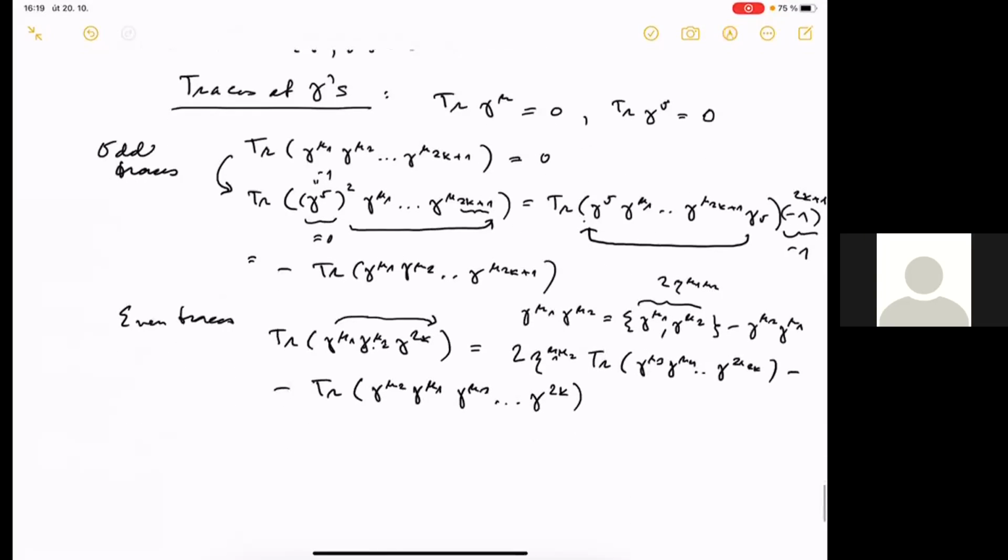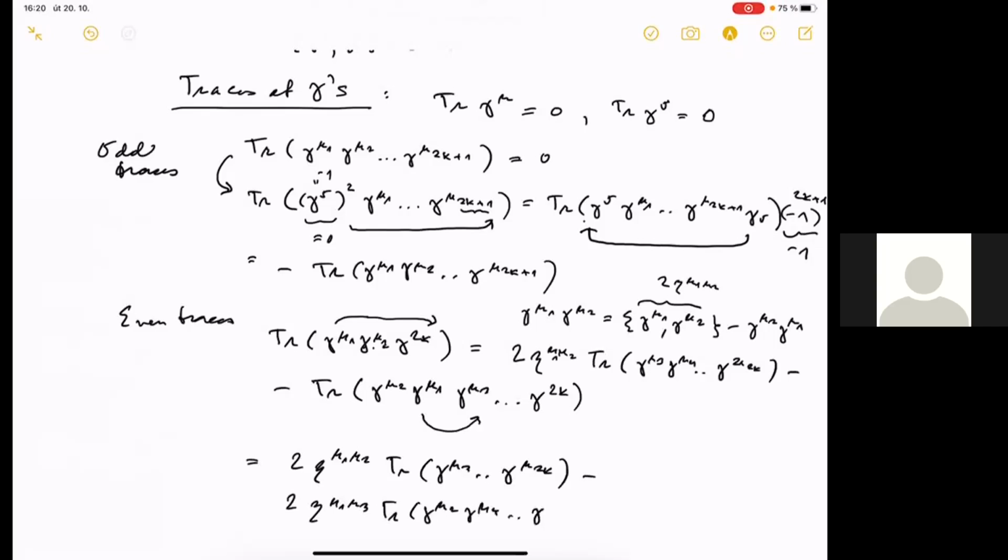And we can continue anti-commuting this gamma mu1 over gamma mu3, and so on. So we get, in the end, twice eta mu1 mu2, trace gamma mu3, up to gamma mu2k, minus 2 eta mu1 mu3, trace gamma mu2, gamma mu4, and so on, gamma mu2k, and so on.